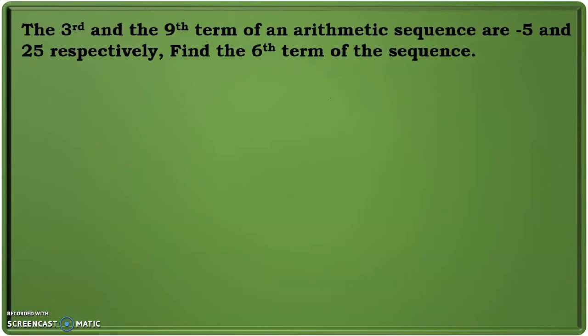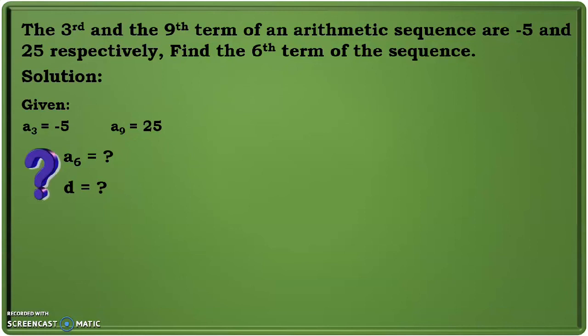Let's take the other method to find the sixth term of this sequence. So the given once again are a sub 3 equals negative 5 and the ninth term is equal to 25. So you are asked to find the sixth term, but the common difference is not given. So use this formula.